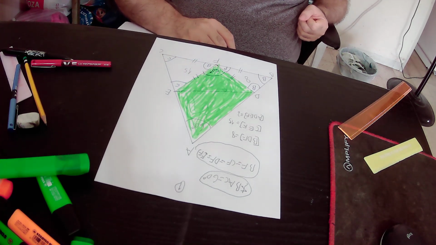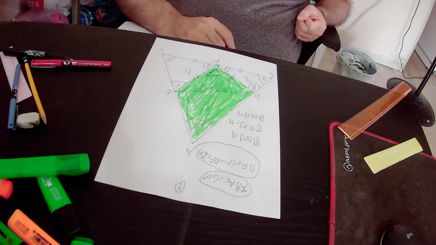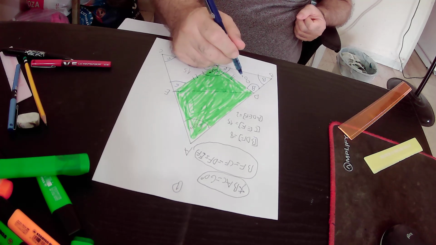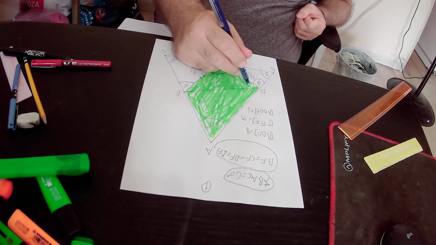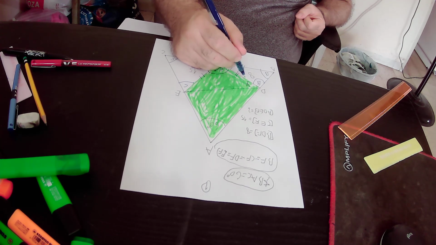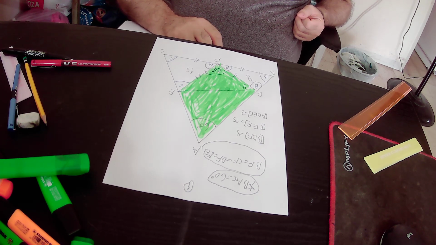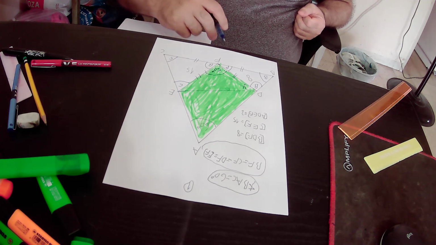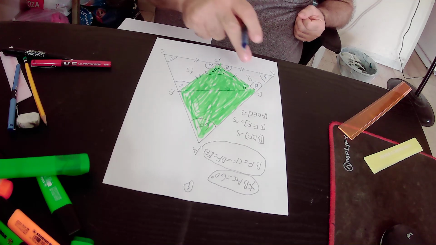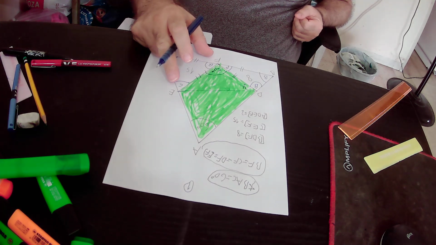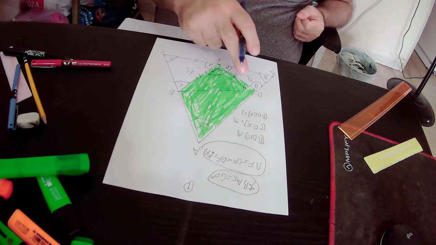If we define this angle, angle FDE, as Y, then according to rule number 2, in front of equal sides there are equal angles. So we have angle Y in front of side FC, or FC is in front of angle Y.